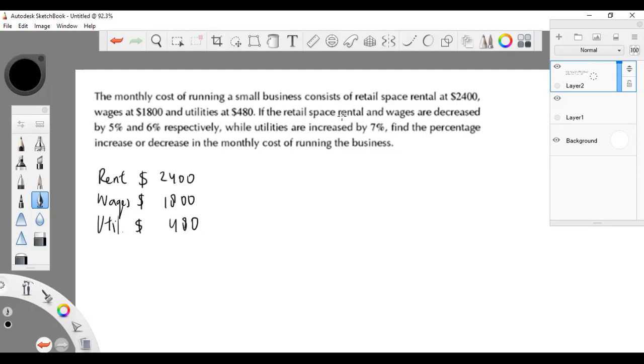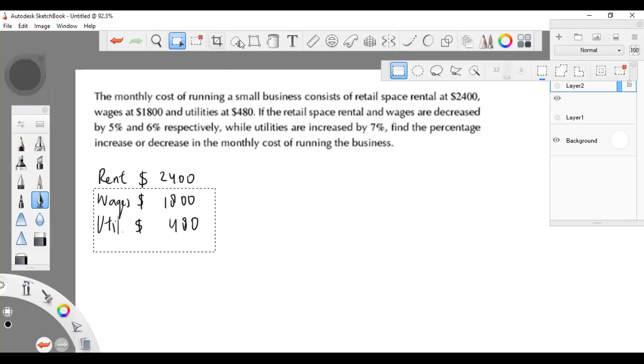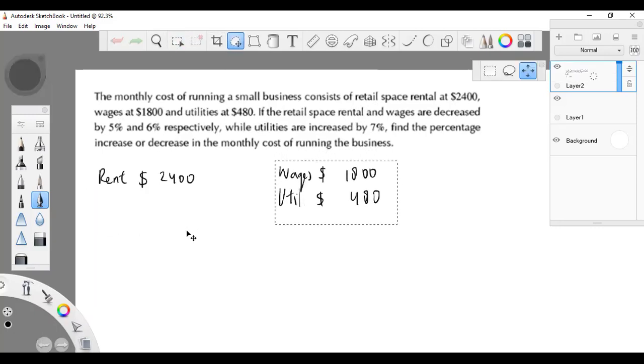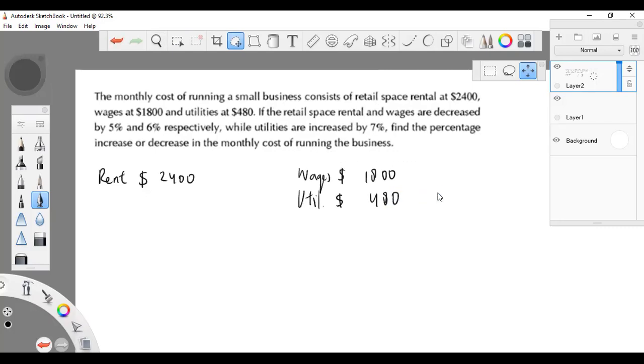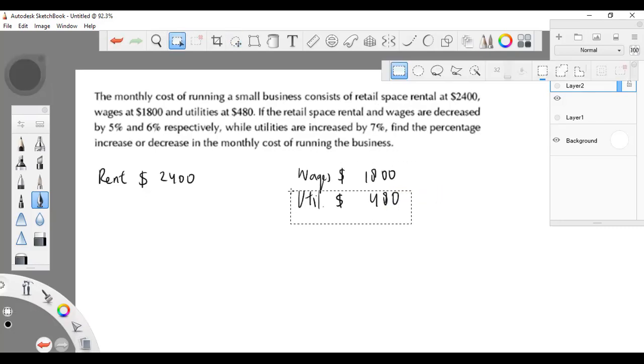And if the retail space rental and wages are decreased by 5% and 6% while utilities are increased, okay, here, challenging. So I want to split this into 3 major parts because they are changing: rent, wages, and utility.